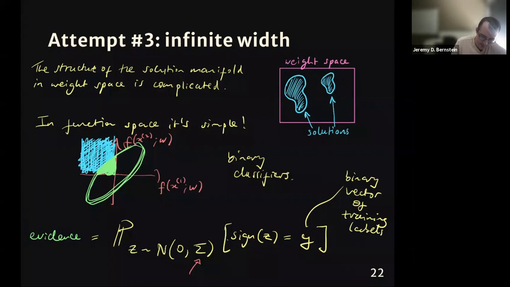So the idea is that for binary classifiers, the evidence is equal to an orthant probability under a Gaussian measure, which is quite a simple geometric object, whereas in weight space, it was kind of horrendous.